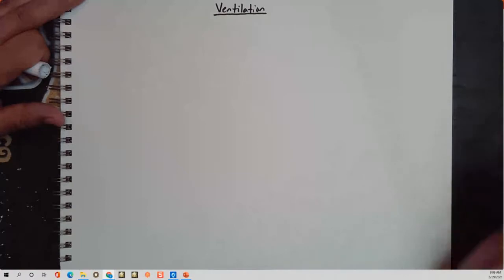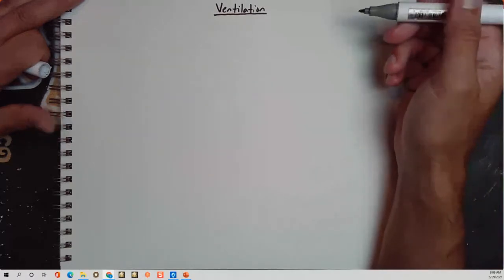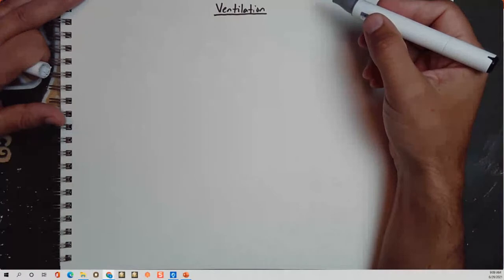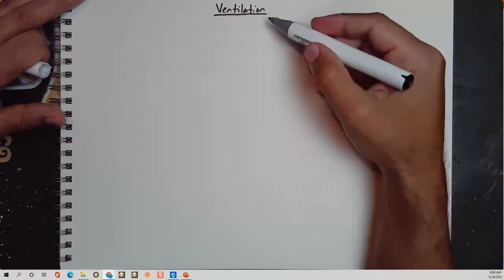There's going to be a lot that goes on in the physical act of breathing. For instance, we're going to have to talk about a nervous system that helps to control ventilation.